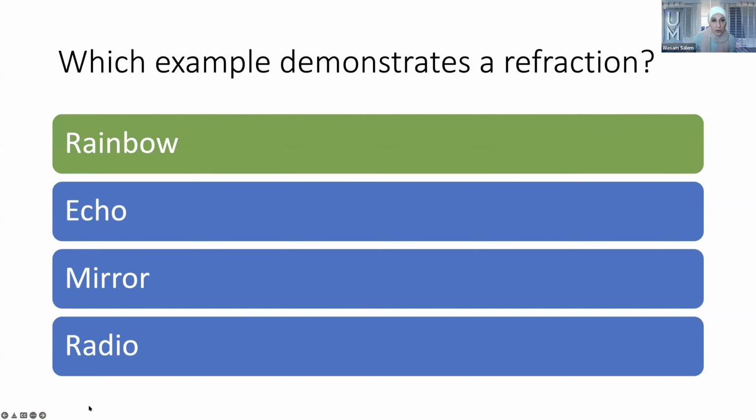And I want you to know another piece of information here. The white light has the 7 rainbow colors, and they are bundled up all together. When they come through a prism, in this case the raindrop, they refract, they bend at different angles, so they spread out and we see the rainbow.